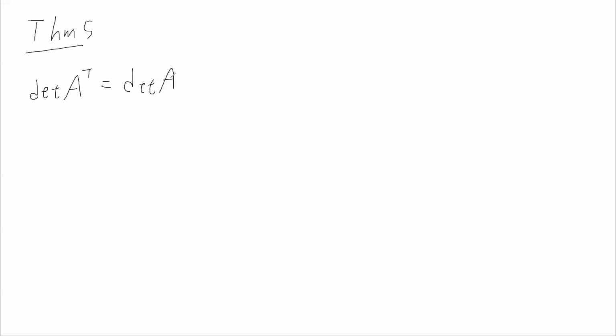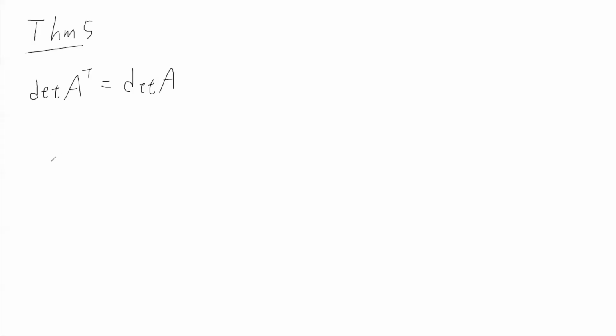Theorem 5: the determinant of the transpose of A is equal to the determinant of A. So nothing to say here. It's pretty straightforward. If you don't know what transpose is, basically the rows become the columns and the columns become the rows. That's how you find the transpose.